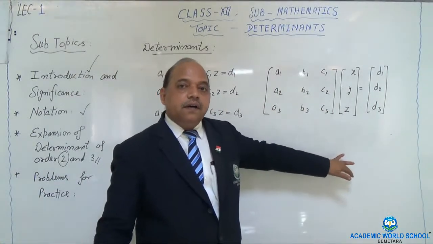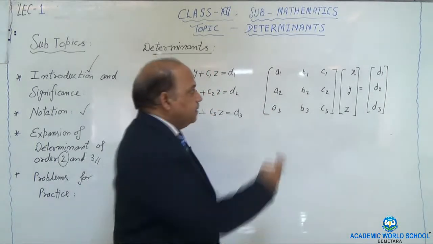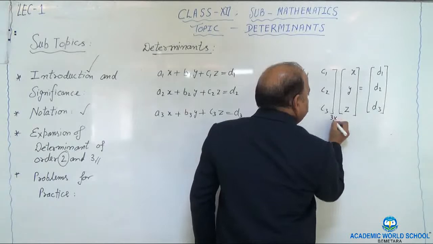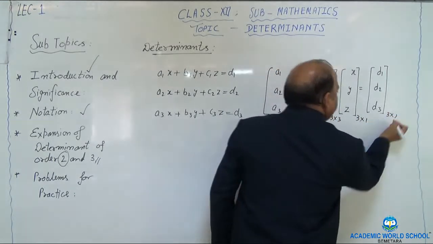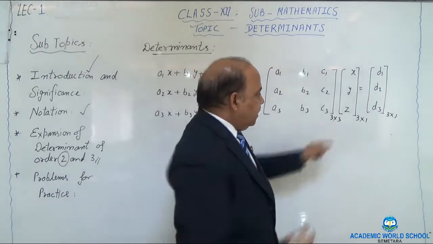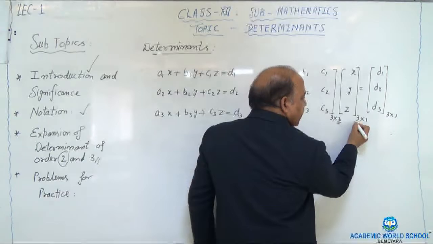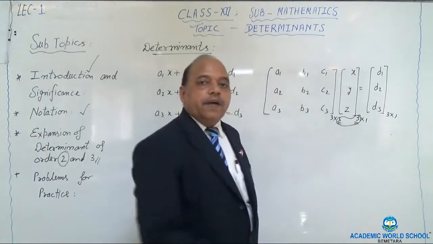Now if you ask how to ensure that it is representing the same thing, you can apply that. This is a 3 by 3, this is 3 by 1, and this is also 3 by 1. Can you multiply these two? The number of columns is 3 and the number of rows is 3, therefore we can multiply these two. So what will be the order of the new matrix?